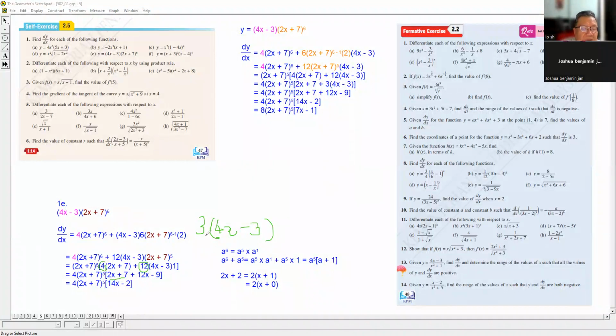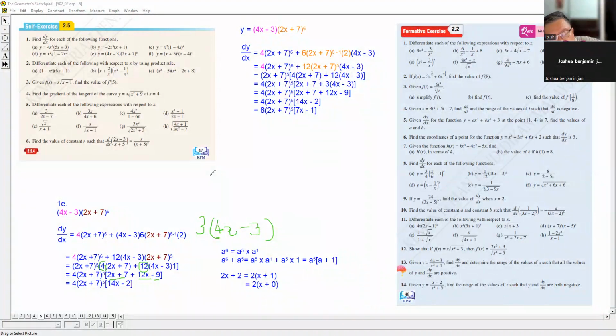So the 3 multiplied with 4x, 12x. 3 multiplied with negative 9 becomes negative 27. So whatever common factors that you have in this bracket, you have to take out.